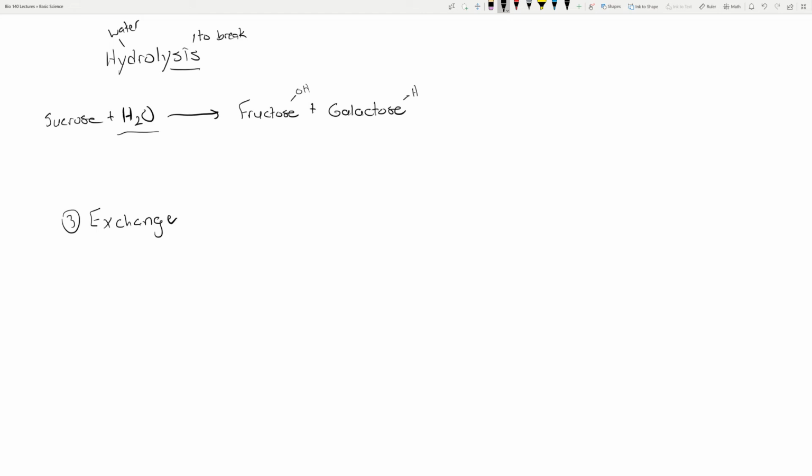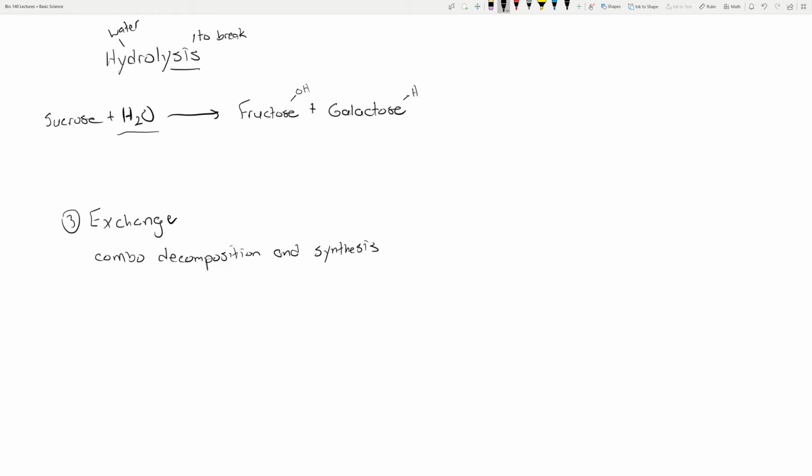This is basically a combination of decomposition and synthesis. I'm going to be breaking reactants down, and then rearranging them into new products.